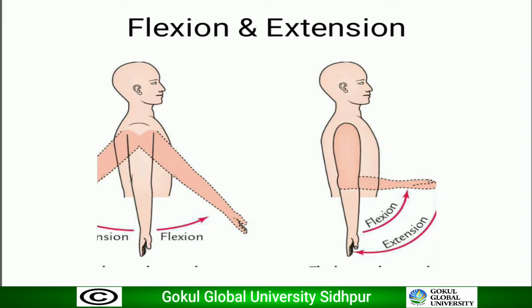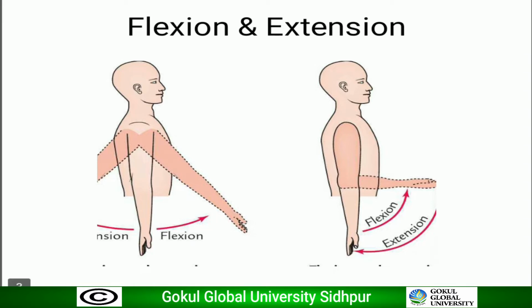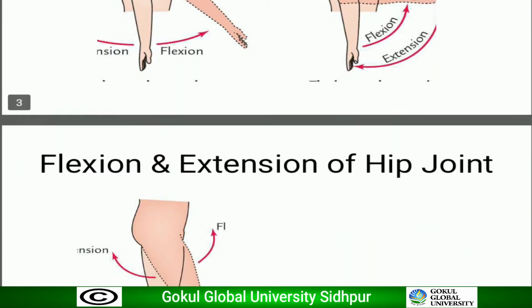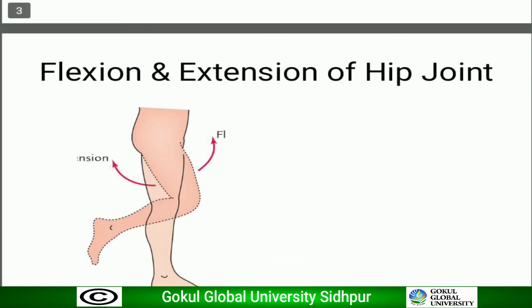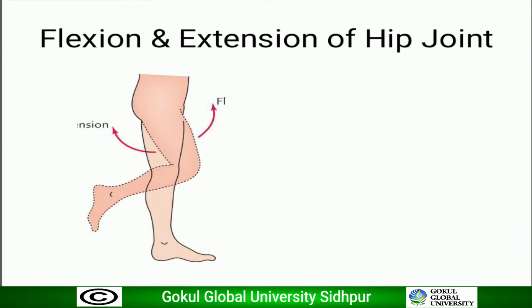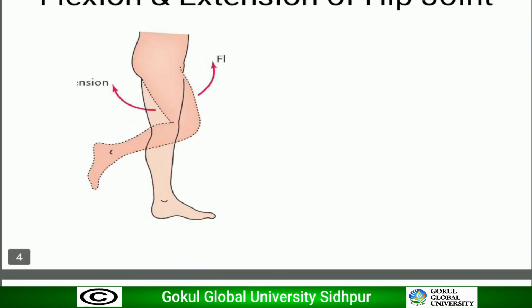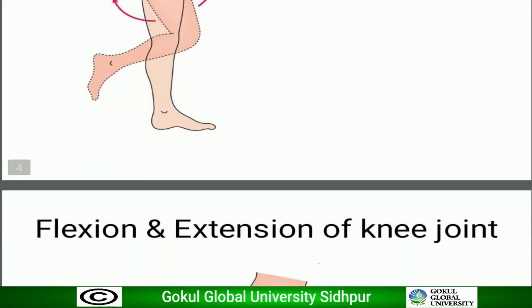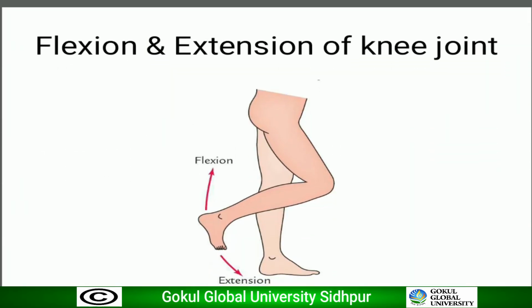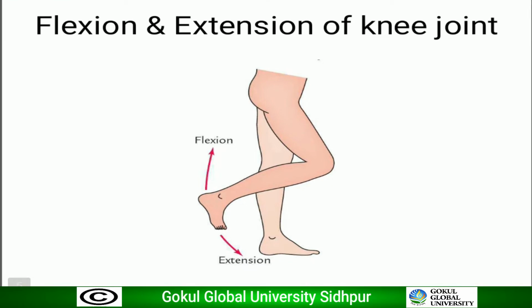Here in this diagram you can see flexion and extension of the hip joint. In this diagram you can see flexion and extension of the knee joint.